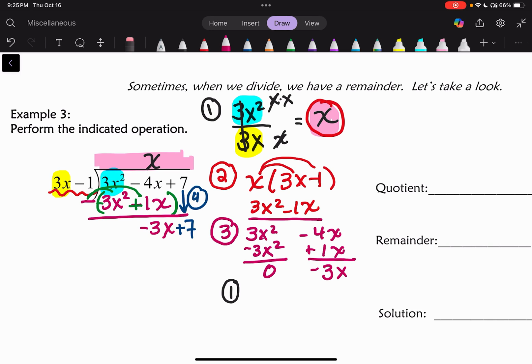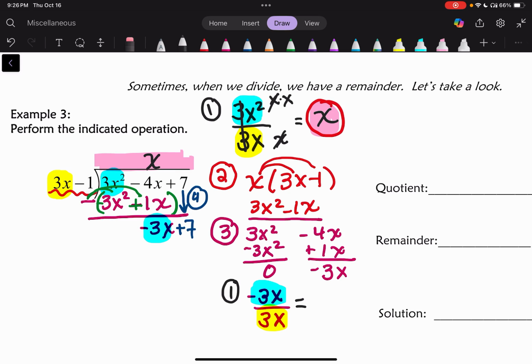So I have this negative 3x divided by 3x. Once again, I'm going to highlight those numbers so you know where they came from. Here's that negative 3x. Here is that negative 3x. Here is that 3x. And here is that 3x. That's where those numbers came from.